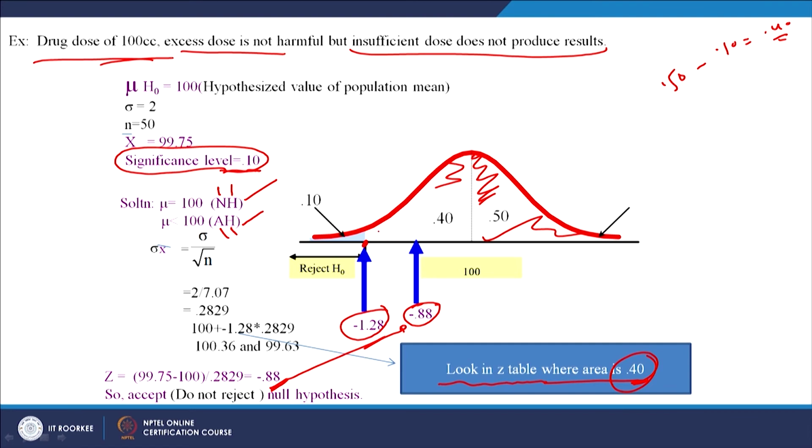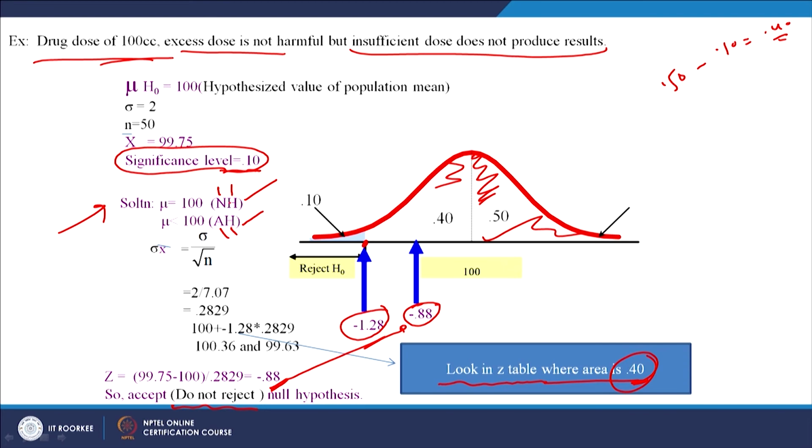It is in the non-rejection region. So, we do not reject the null hypothesis. It means we do not require any action now, because we have not rejected the null hypothesis. We are saying that the dose size is 100 cc, this is the conclusion.